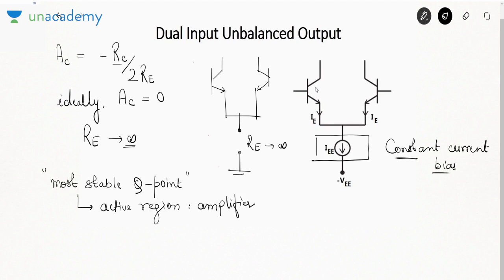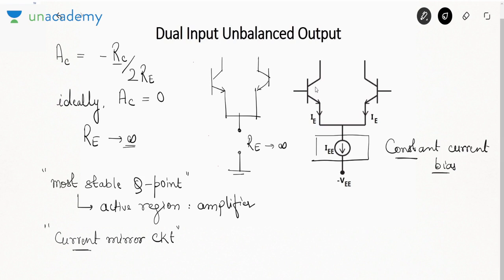That also I have told you earlier: this can be done by means of a current mirror circuit. The current mirror circuit was basically being used to generate constant current bias in different parts of an integrated circuit. That means the differential amplifier will not be used alone. We will make use of a current mirror with the differential amplifier for constant current biasing.